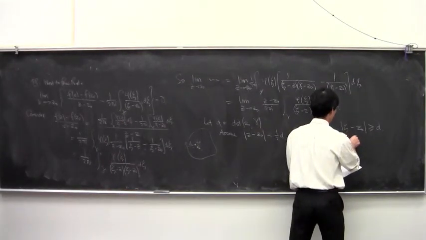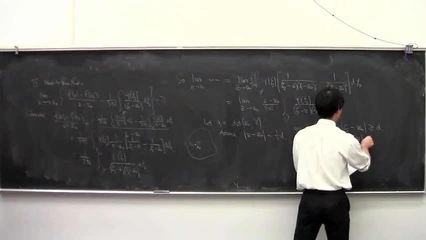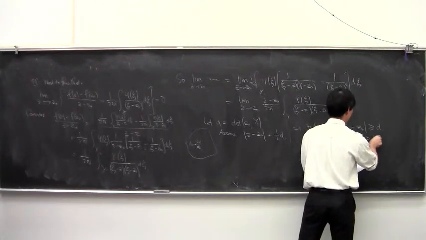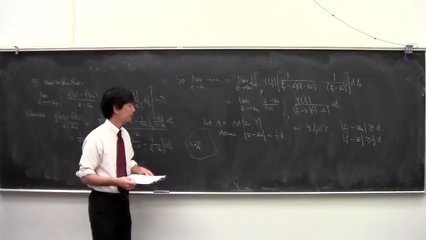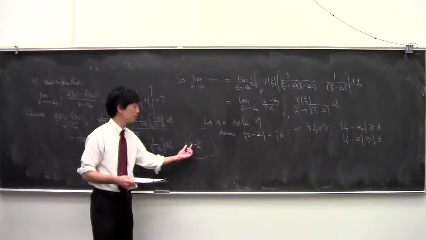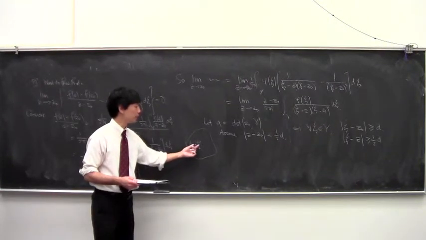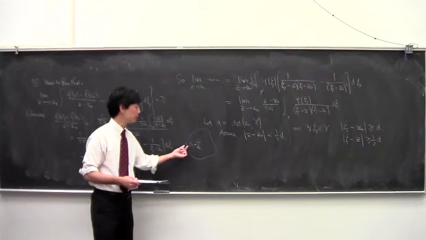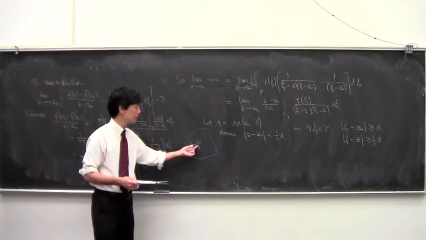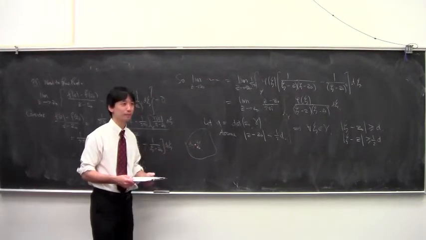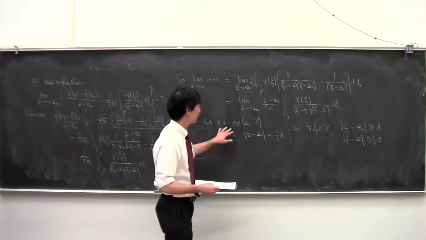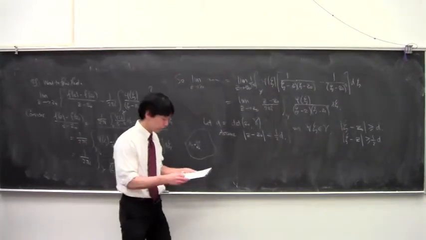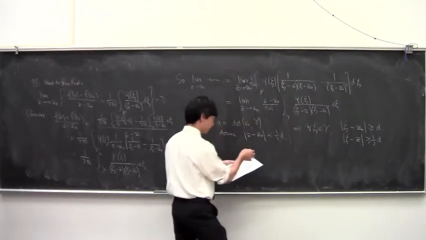And we know that zeta minus z is bigger than half d, right? Because the distance of z to z naught is half d, so the distance of zeta to z must be bigger than half d. Okay, and that's enough for us to get the estimate.